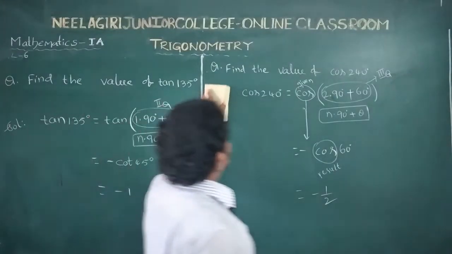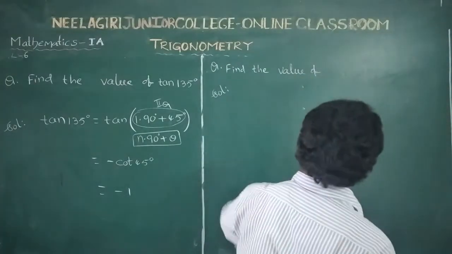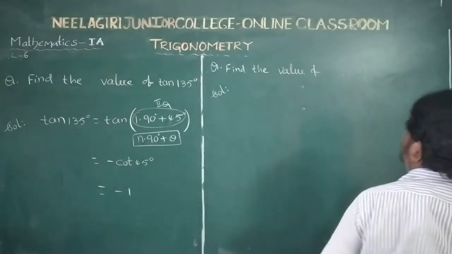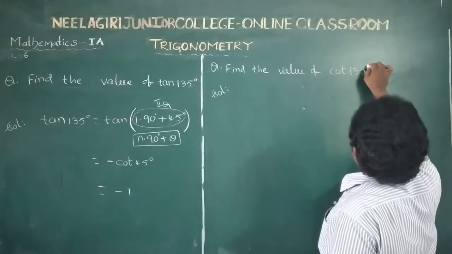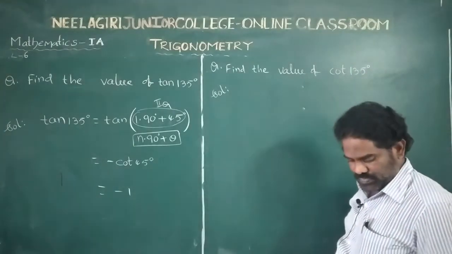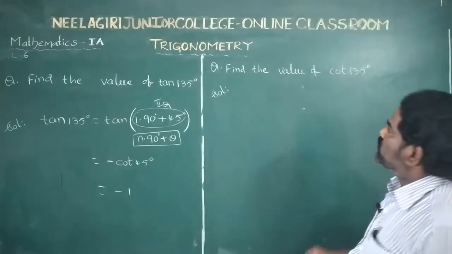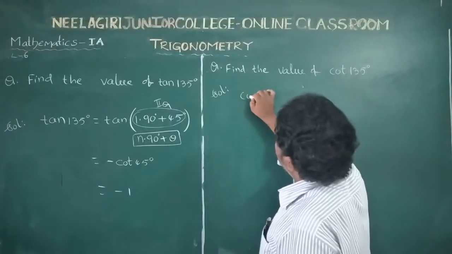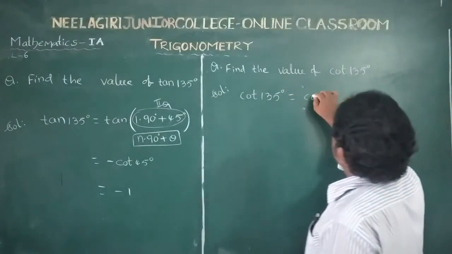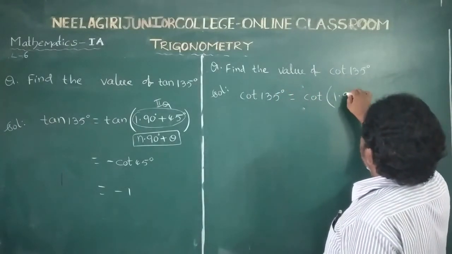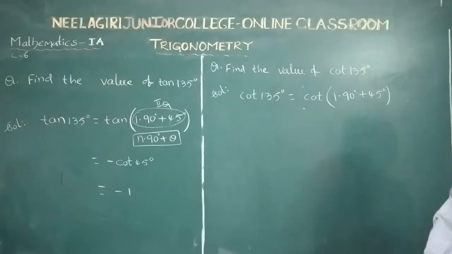In the same way, we are going to find the value of cot 135 degrees. Understand? This can be written as cot of 1 into 90 plus 45.